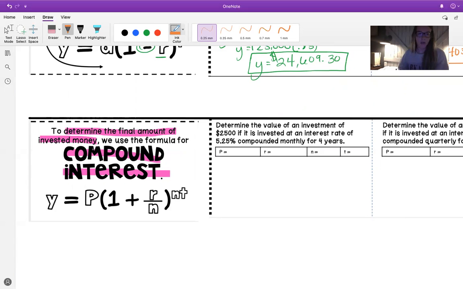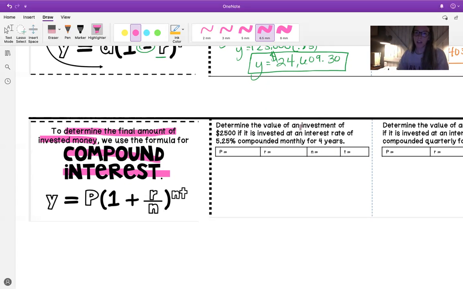All right, so this is the formula. It's a little bit different, but we're still going to go through the same process. So let's pick out those key points that we need. P is the initial amount we're starting with. R is the rate that it's changing. N is the number of times that the interest is added, and then the amount of time that's passed.